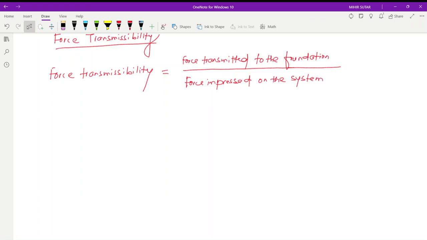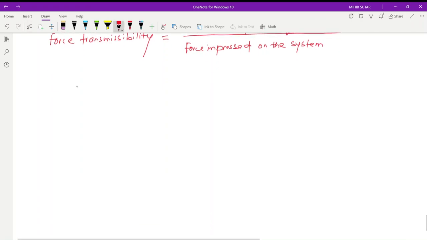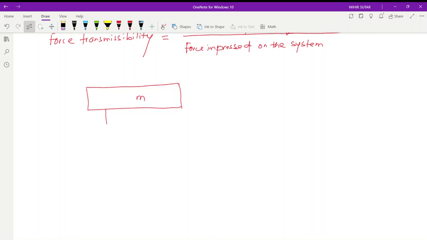Okay. Now let us say you have a mass M supported by a spring of stiffness K and a damper, and the other end is supported with a rigid end.